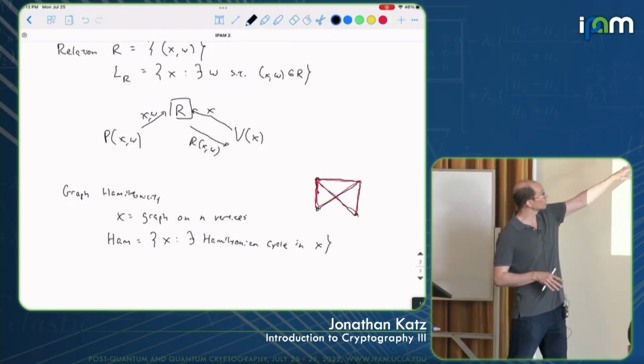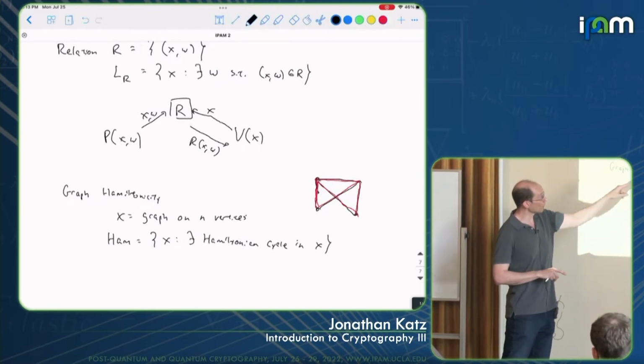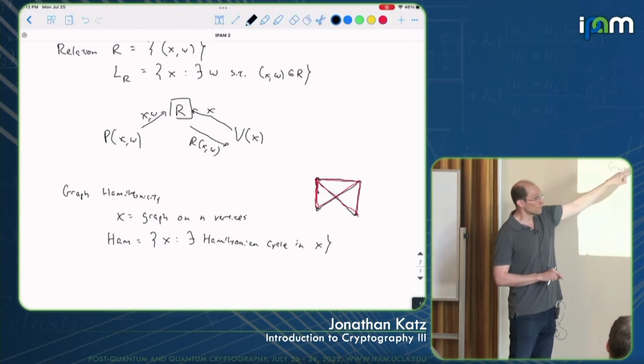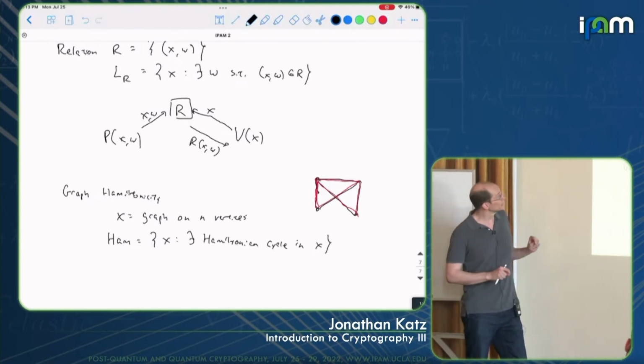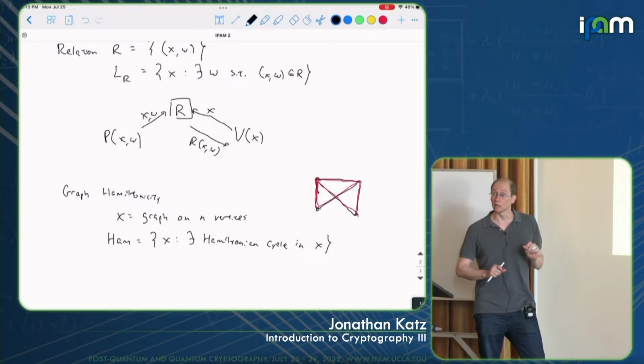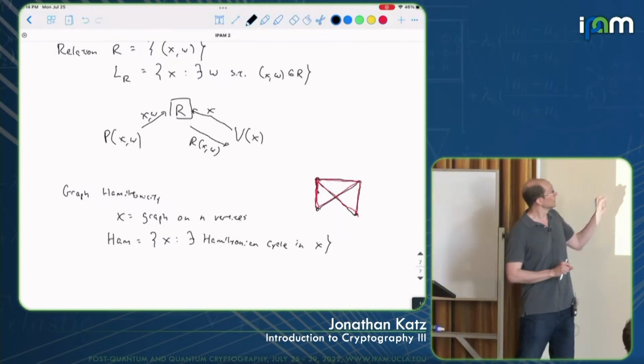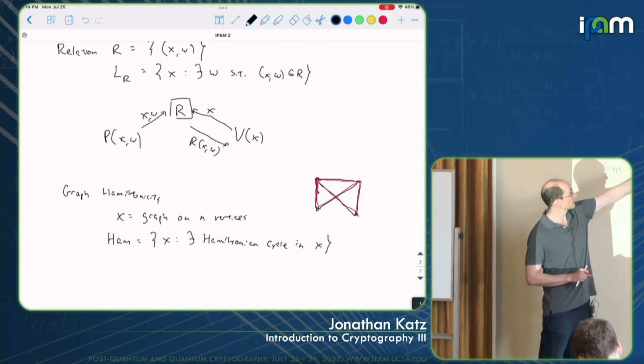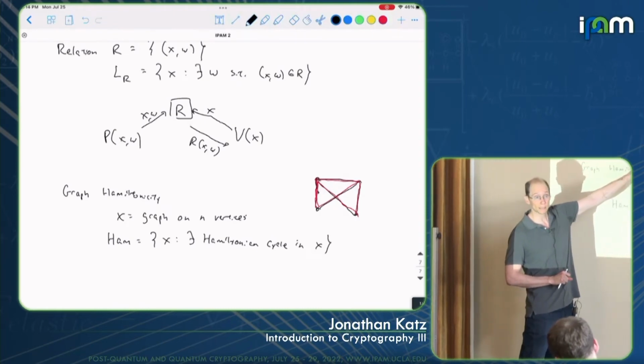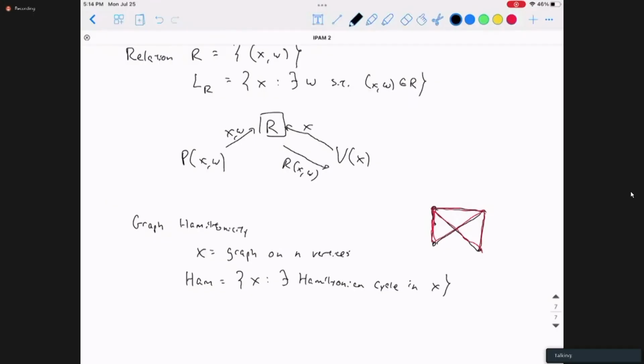So in this ideal world execution, the only thing that V learns is a bit indicating whether or not P holds a valid witness for the fact that there's a Hamiltonian cycle, right? So of course, let's just think about it. If V gets a bit 1 from the ideal functionality, then that doesn't reveal anything about which witness the prover has, and doesn't reveal any information about that witness.